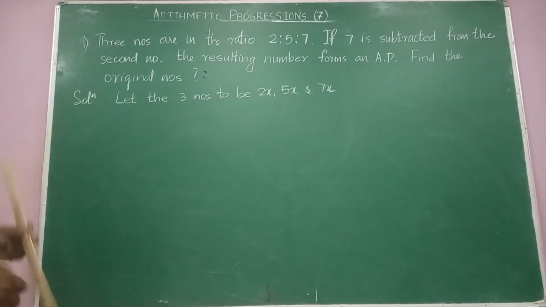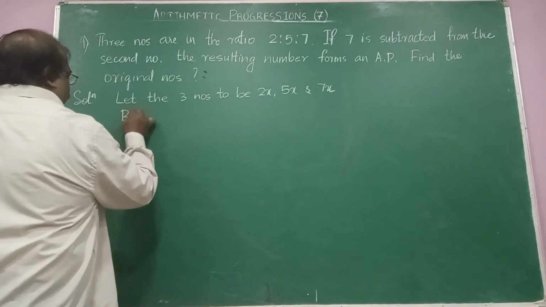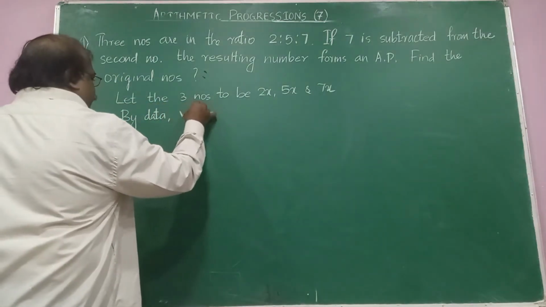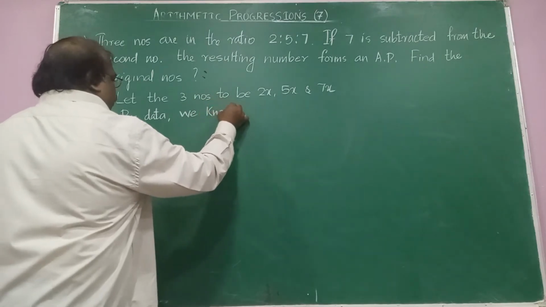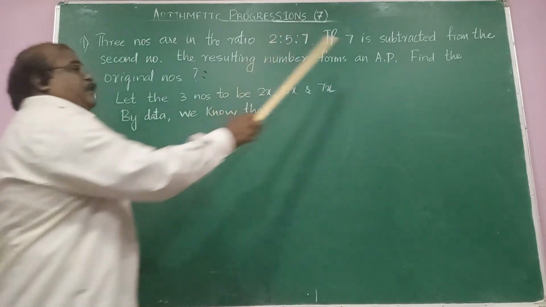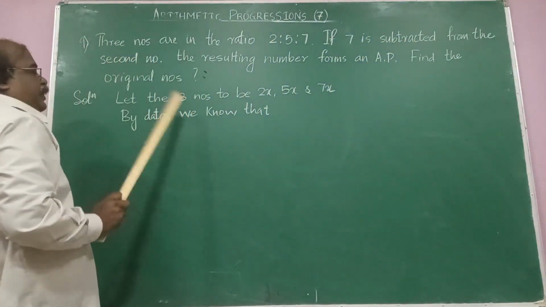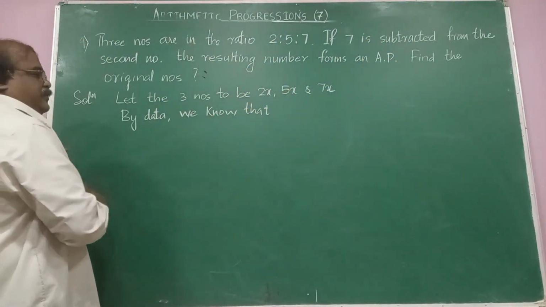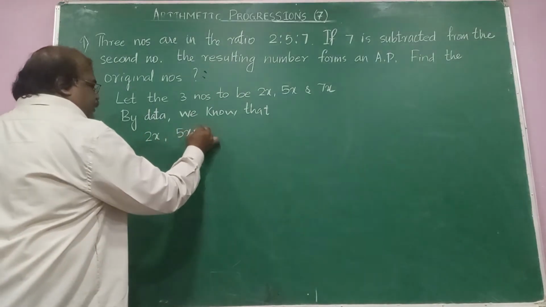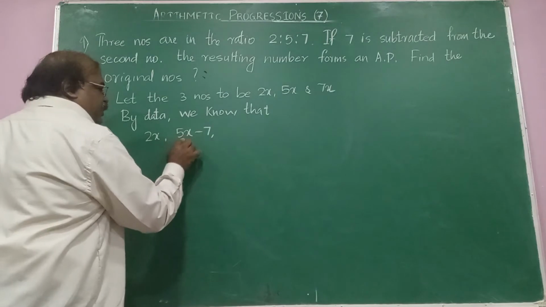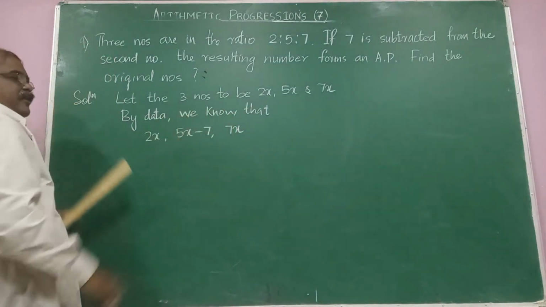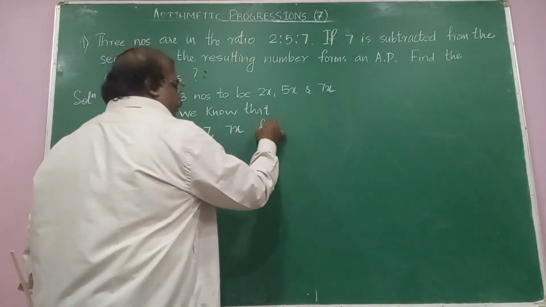Now what is given to you? By data, we know that if 7 is subtracted from the second number, which is 5x, from 2x, 5x, 7x, then the resulting numbers form an AP.